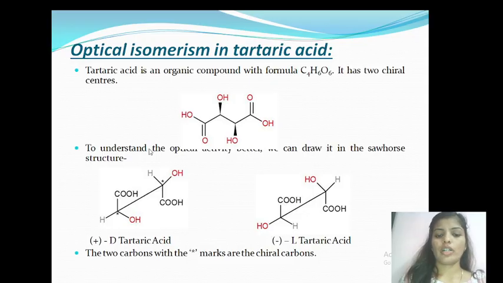To understand the optical activity of this compound, we can draw it in the sawhorse structures. Here, this one is one chiral carbon, and this is the other chiral carbon. This is the D-tartaric acid, and this one is the L-tartaric acid.